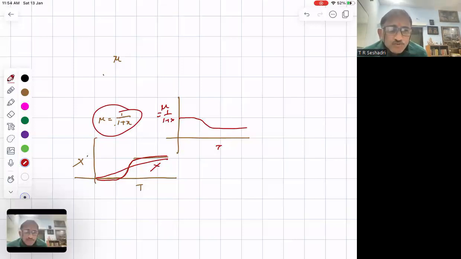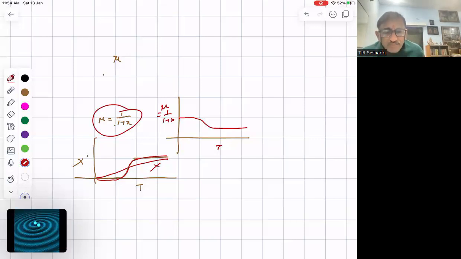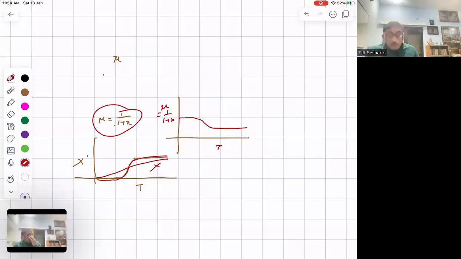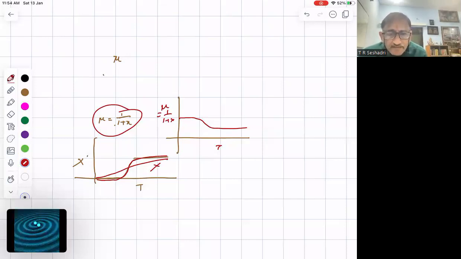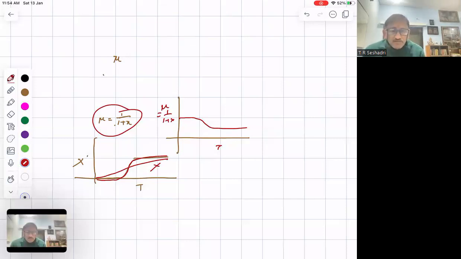See, in reality, these beryllium and all are much smaller than 1%. Because beryllium is 1% and you are making an error of how much? 0.25. Because instead of 4 by 9, you're taking 4.5 by 9.